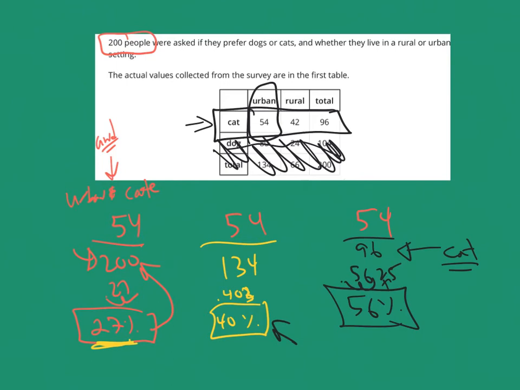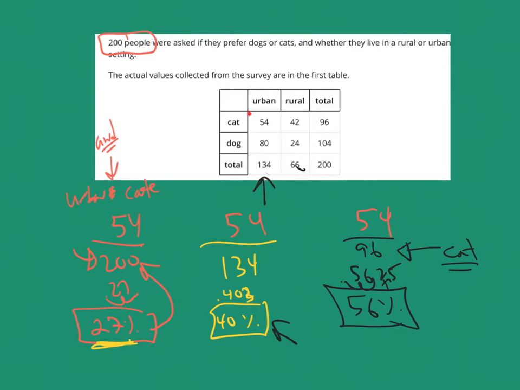40% of who? That's the vertical piece, right? 40% of urban dwellers. How do I know that's urban dwellers? Because that's what the 134 represents, the total of urban dwellers. So 40% of urban dwellers own a cat. 56% of cat owners, because that's the denominator, live in an urban setting.